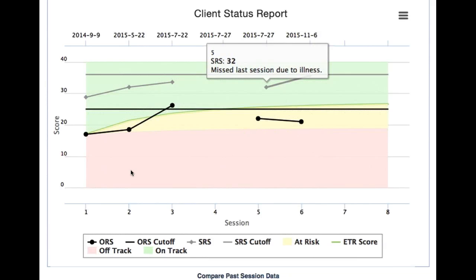But that's not necessarily a good thing. If you're dealing with lots of clients that are scoring in the low teens, that number is actually low. It's not high. So it ended up not giving the kind of accurate information that clinicians need to know if they're on track or off track.